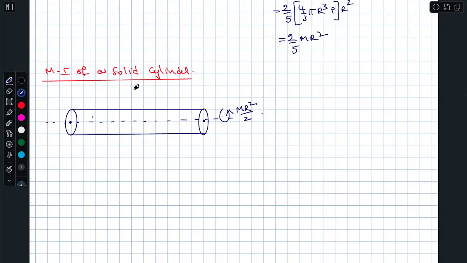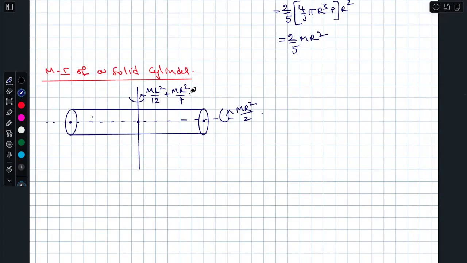Suppose they ask you about this point, simple. If it is a rod, I would have written ml square by 12. If it is a disk, I would have written mr square by 4. But it seems to be like both. So therefore, you will have ml square by 12 plus mr square by 4.